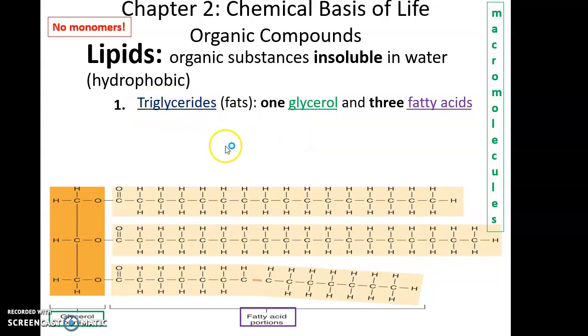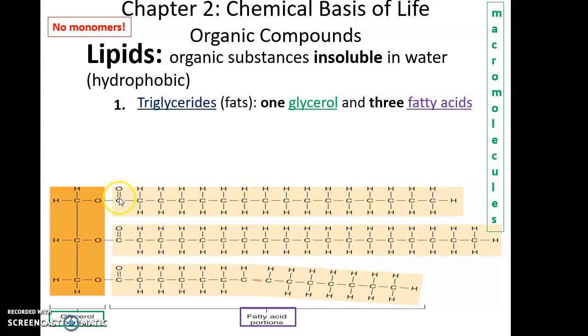Triglycerides, tri for three. So triglycerides have one glycerol molecule and 3 fatty acids. Here is the one glycerol molecule, which is 3 carbons long, each carbon bound to an oxygen. And then 3 fatty acids.